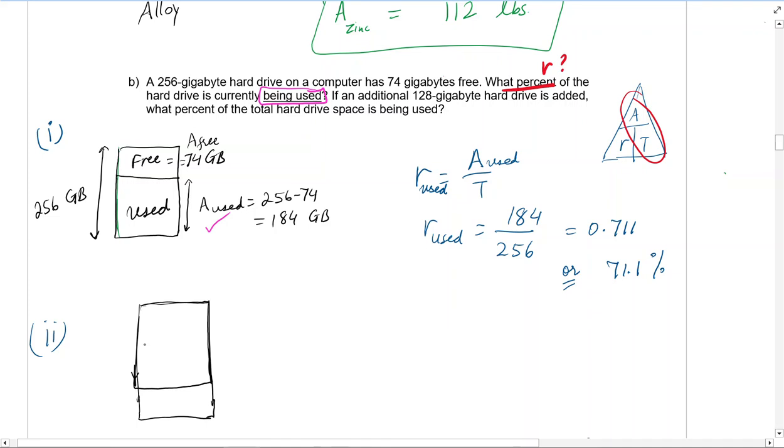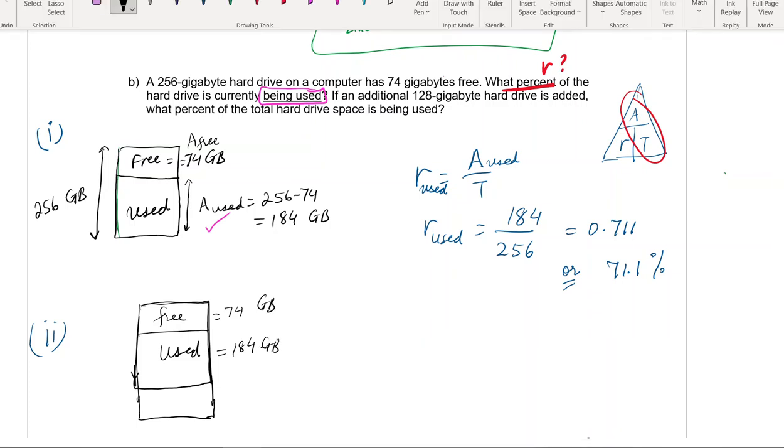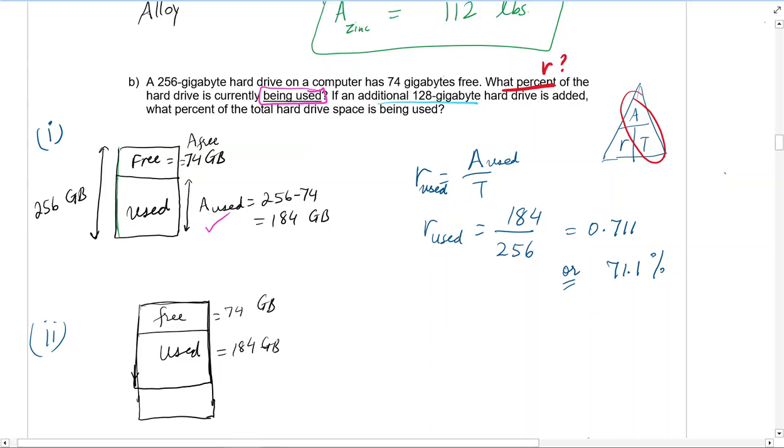So we had some free space, which was 74, and then we had some used space, which was 184 gig. Now they're saying we have added some more space, which is 128 gigabyte. So our total is different now. What percent of the total hard drive is being used?